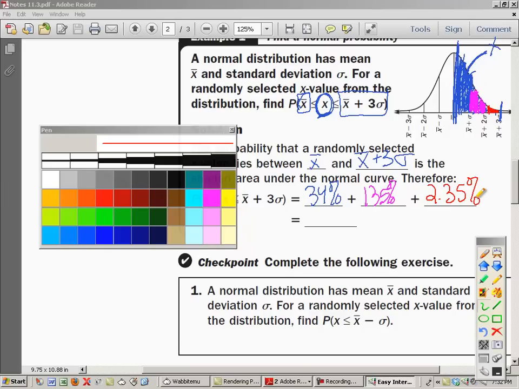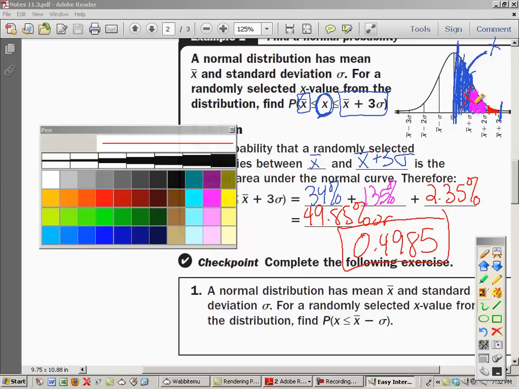So if I add all of those percentages together, I get 49.85%, or 0.4985, whichever one you want to put. Now, if we're talking about a probability, you can leave it as a decimal, or you can change it to a percent. There's a 49.85% chance that that value for x is going to be in that region right there.